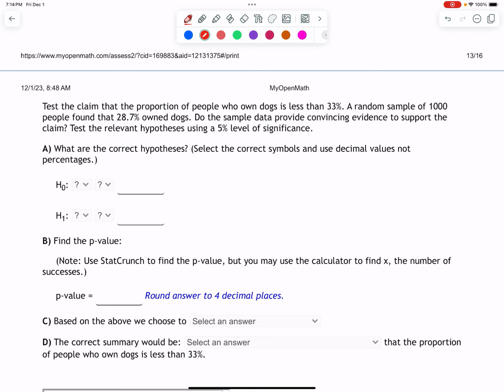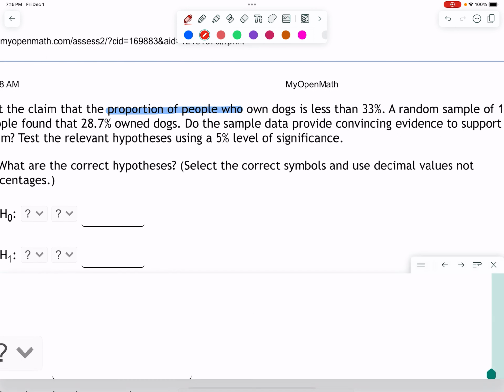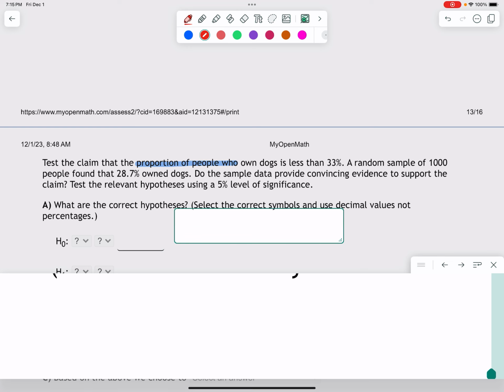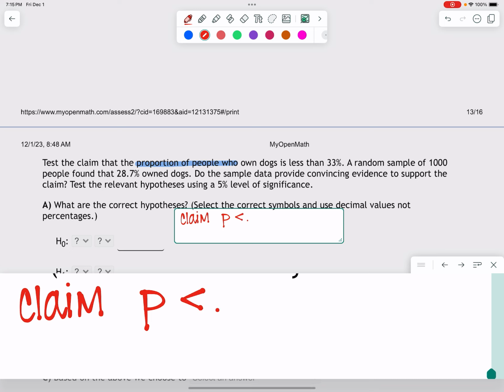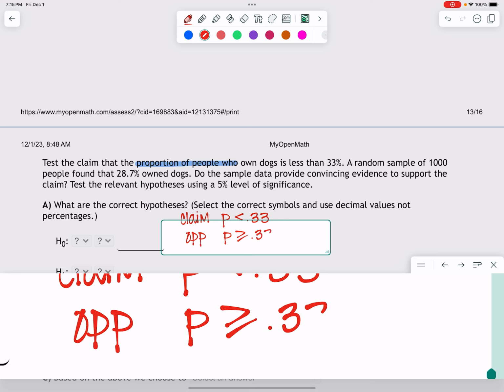Similar idea here. You're using a proportion. They actually put that proportion word in there for you. And they're claiming that P would be less than 0.33. So the opposite of that claim would be P greater than or equal to 0.33.